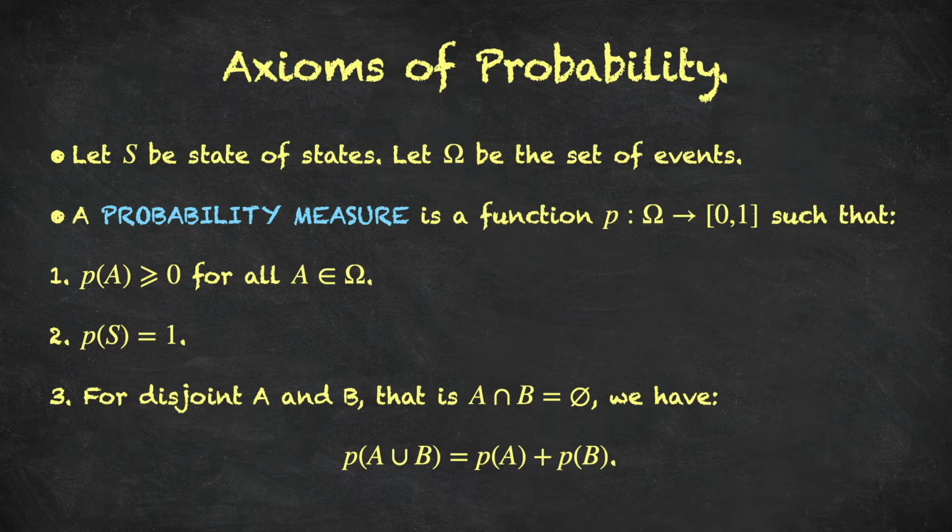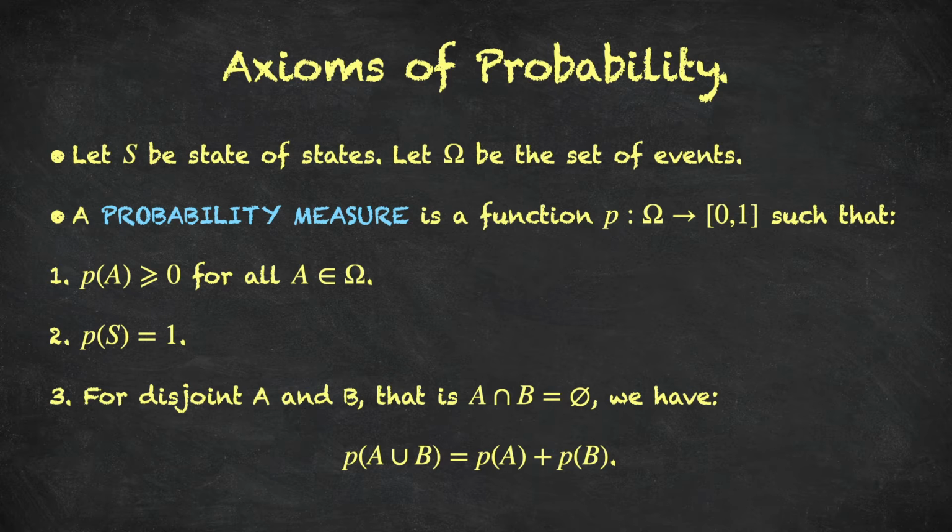It's going to be a function that turns an event into a number, and we'll interpret that number as the event's likelihood. So let's look at the axioms of probability. Indeed, these axioms were developed in the first half of the 20th century. So while probability has been around for a long time, the modern way of looking at probability is not that old.